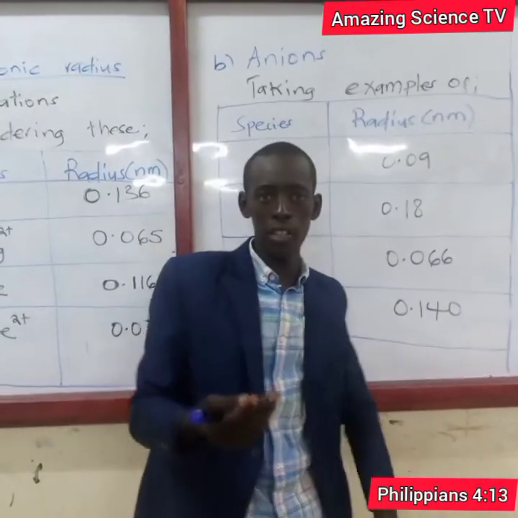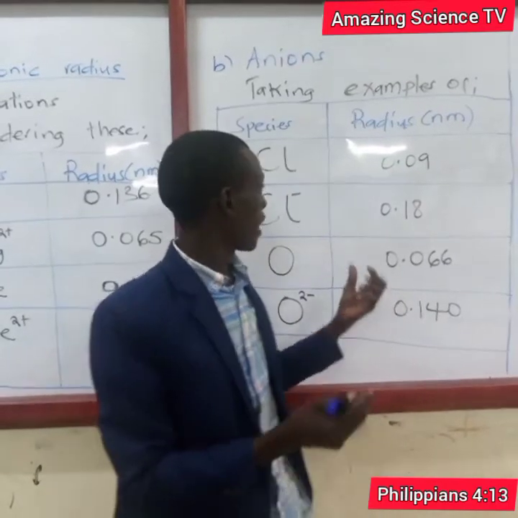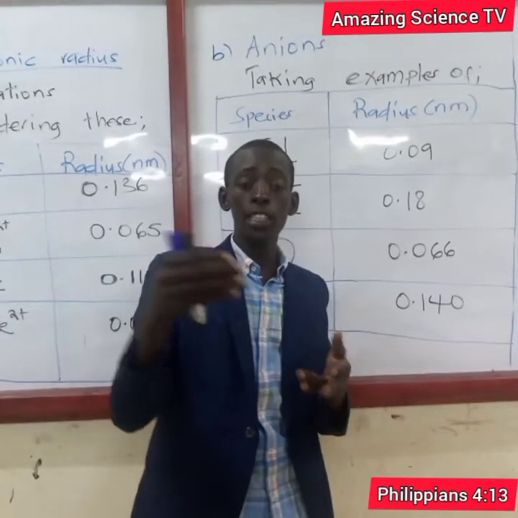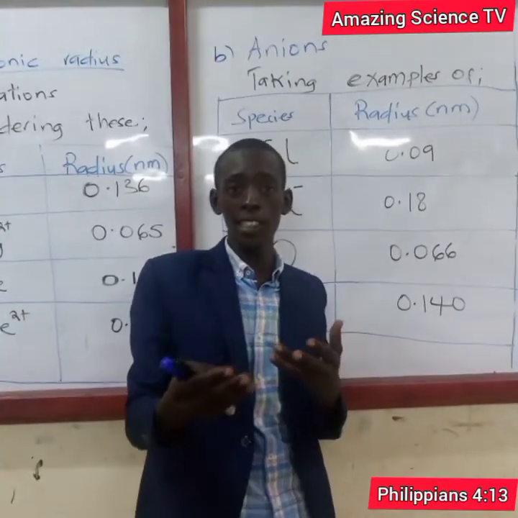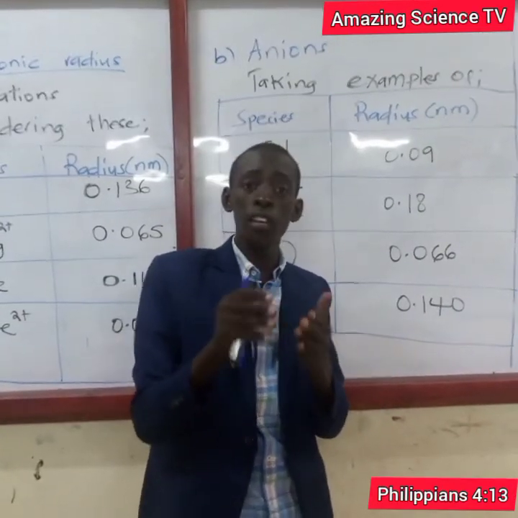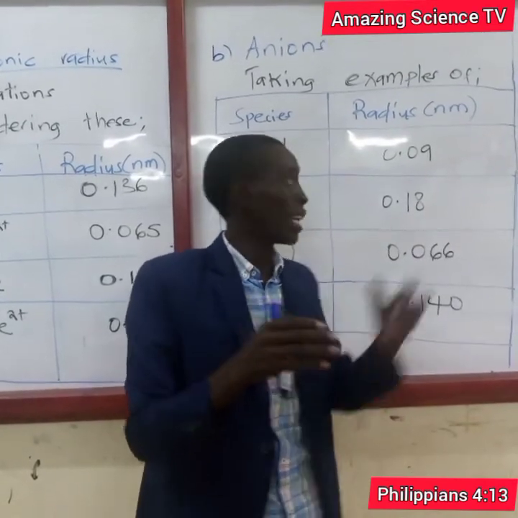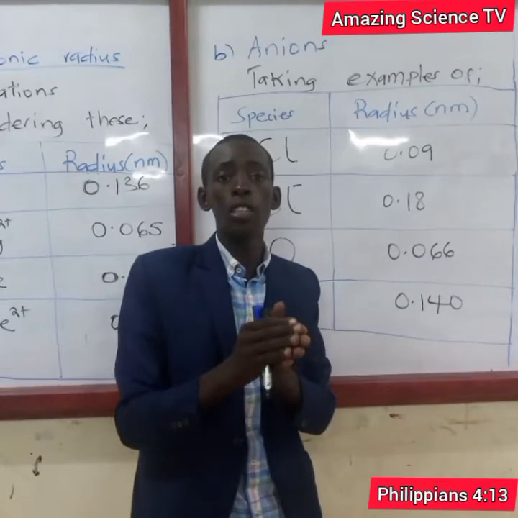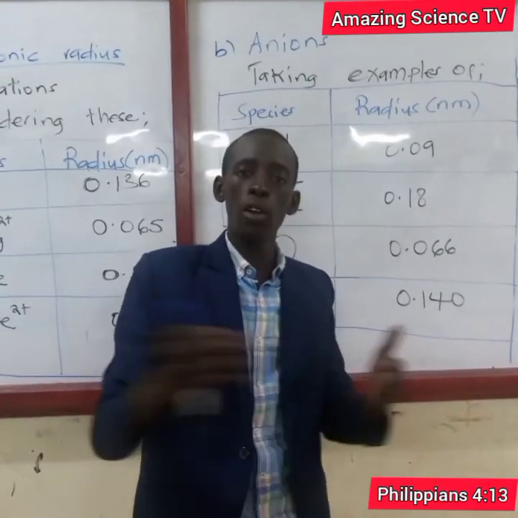What could be the reason why it increases? It increases because when we add electrons, the effective nuclear charge decreases. Why does it decrease? Because the screening effect will be higher because the electrons are being added. And in so doing, the electrons in the outermost shell are far away from the nucleus.